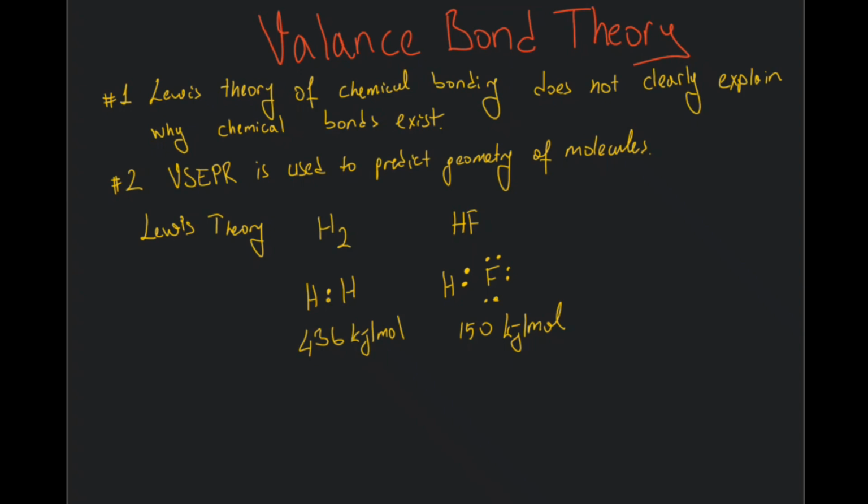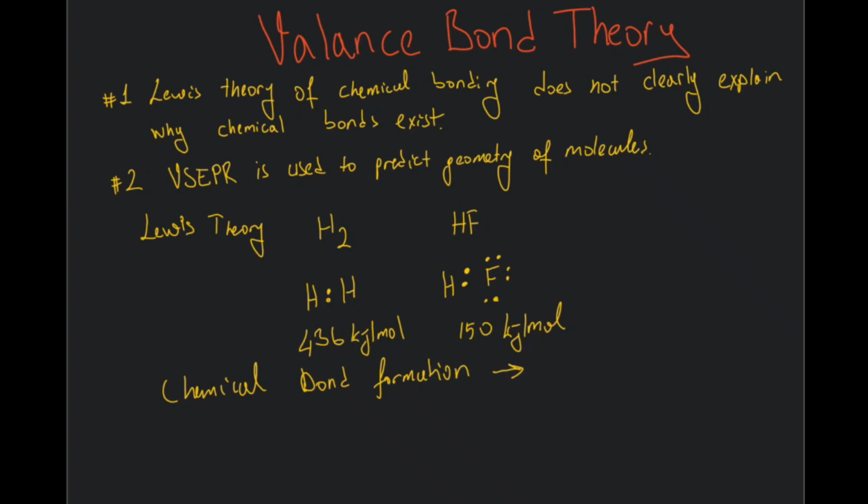So we need another theory to explain why these two bonds are very different from each other. We have chemical bond formation, and the Lewis structure cannot explain it.